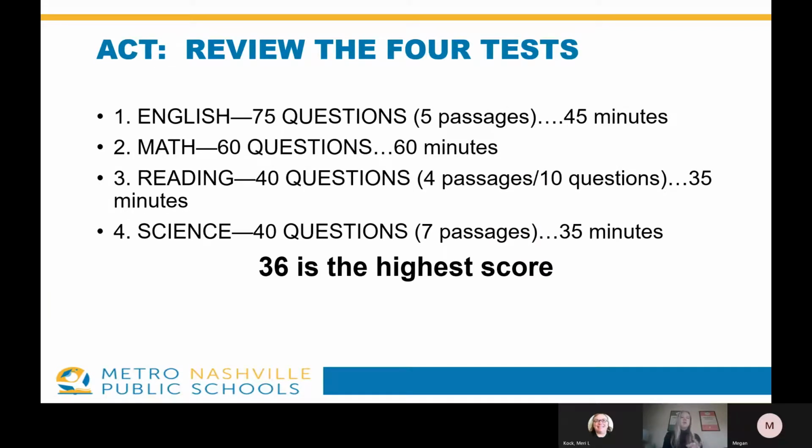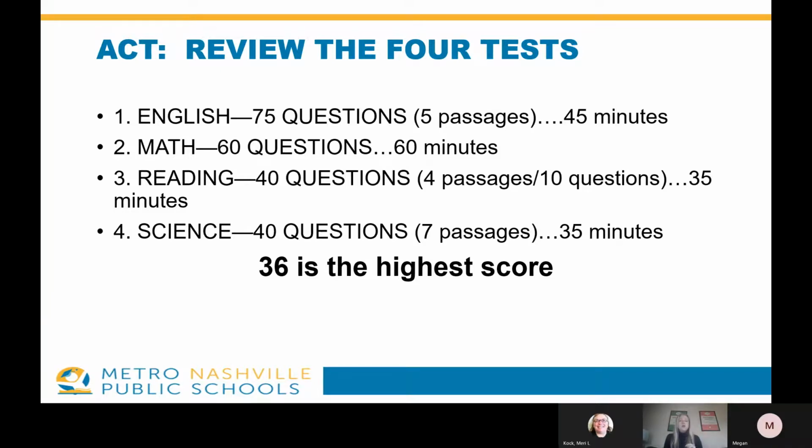Okay, so first of all, let's just review the 4 parts of the ACT. The first part is English, of course, and the English section has 75 questions with 5 passages, and it takes 45 minutes to do that. And math has 60 questions for 60 minutes.